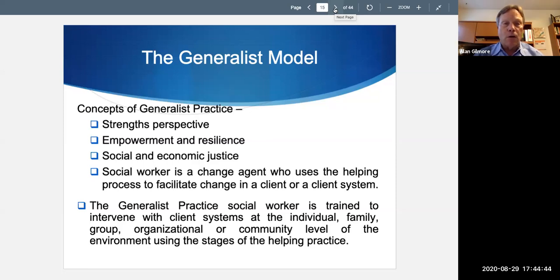We're going to talk more about all four of those. The generalist practice social worker is trained to intervene with client systems at the individual, family, group, organization, or community level of the environment using the stages of the helping process.